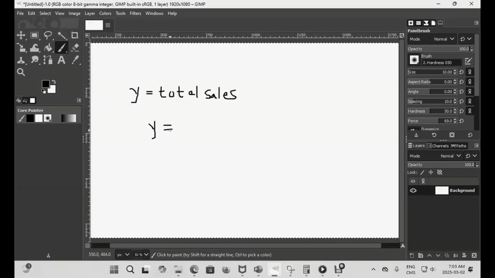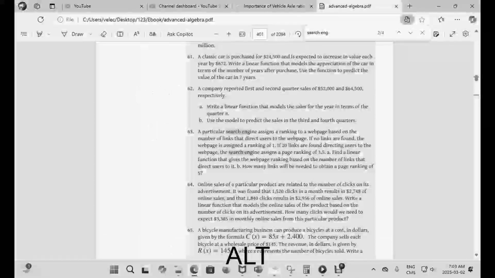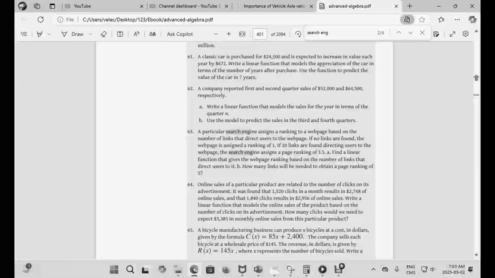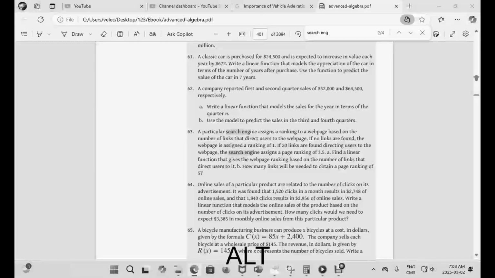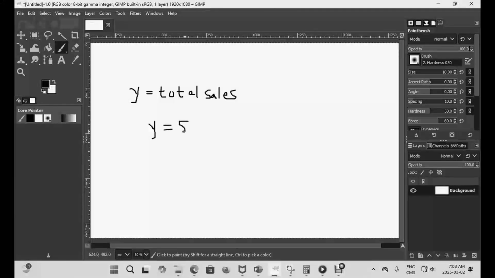The value of y will depend on an equation. For this equation, your base will be 52,000, because this is the sales figure in the first quarter. This is what we start off with.